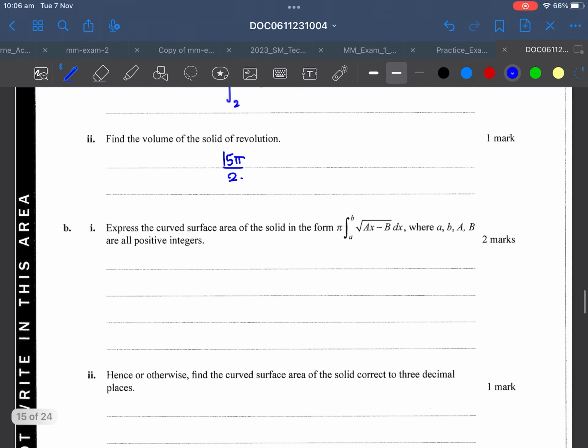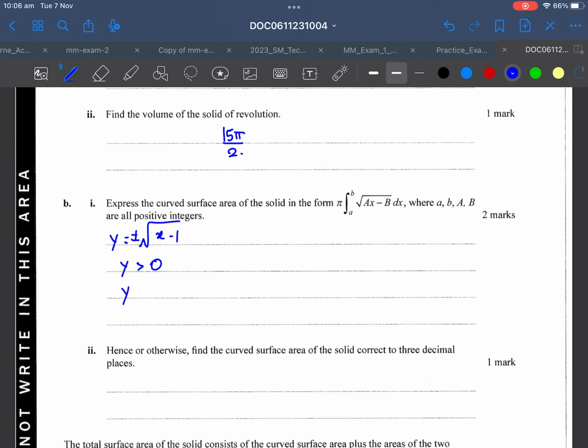y the subject first. So y equals the square root of x minus 1, positive or negative. However, y is greater than 0 because that's the domain. So we'll get y equals the square root of x minus 1 over here.